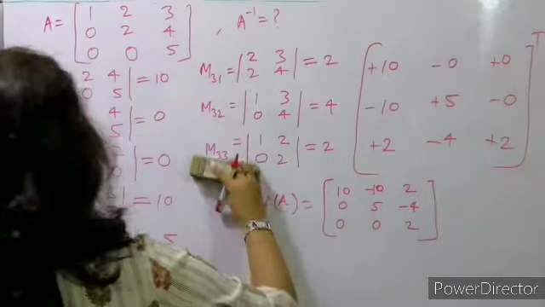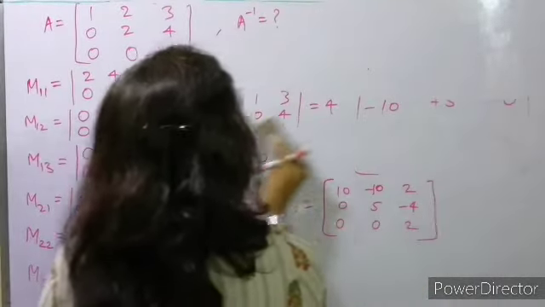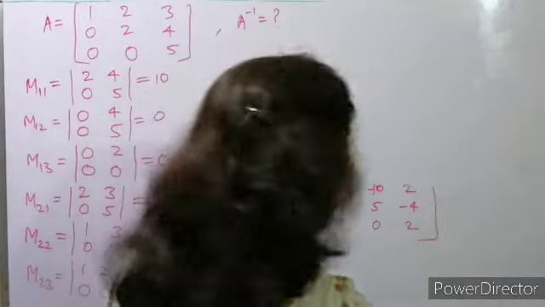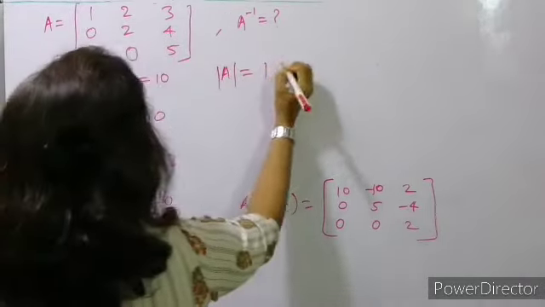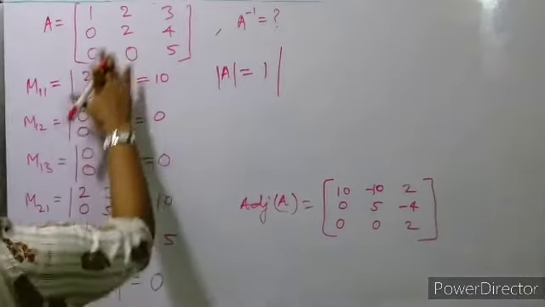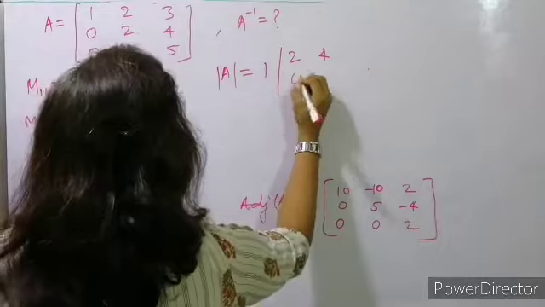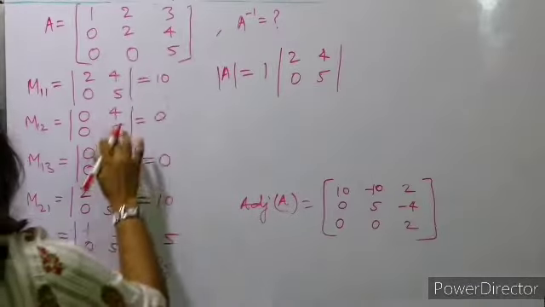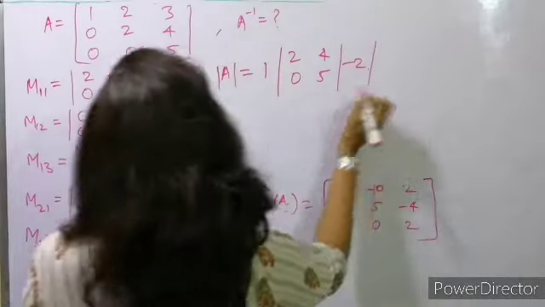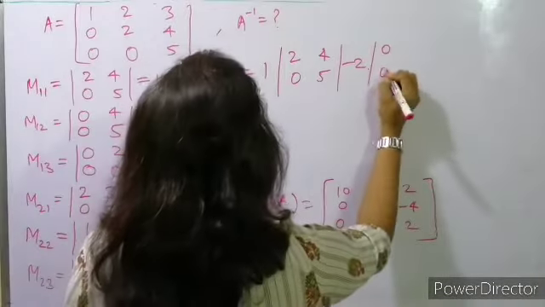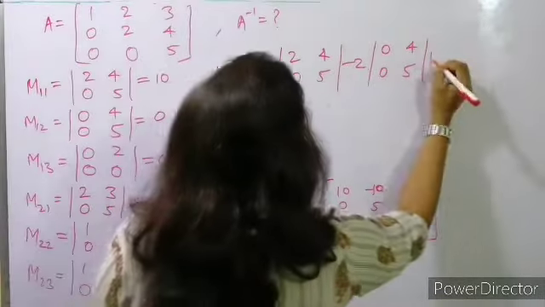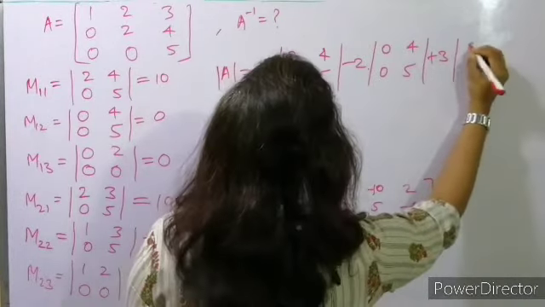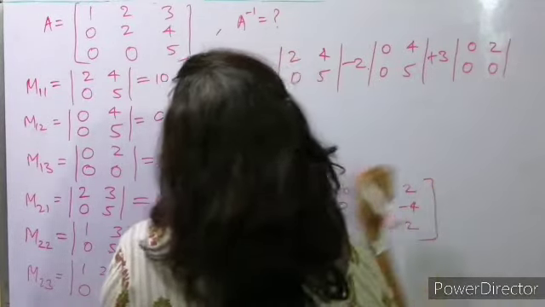Now we'll find the determinant of A. Determinant of A will be 1 into M11, which is 2405, minus 2 into M12, which is 0045, and plus 3 into M13, which is 0020.